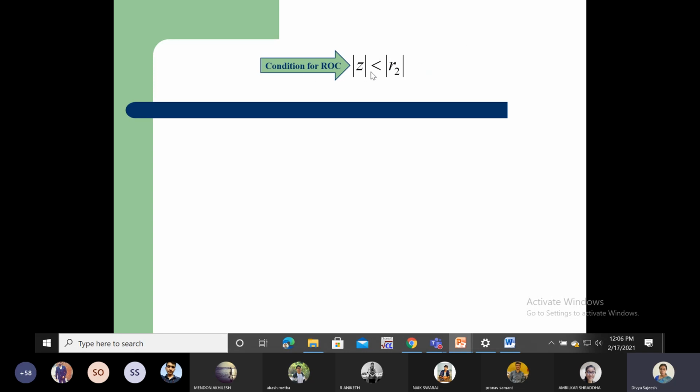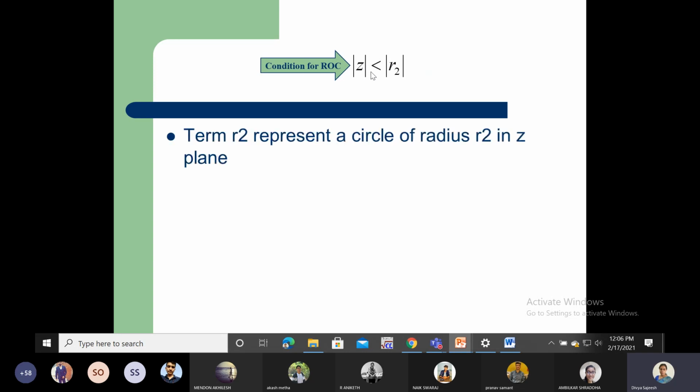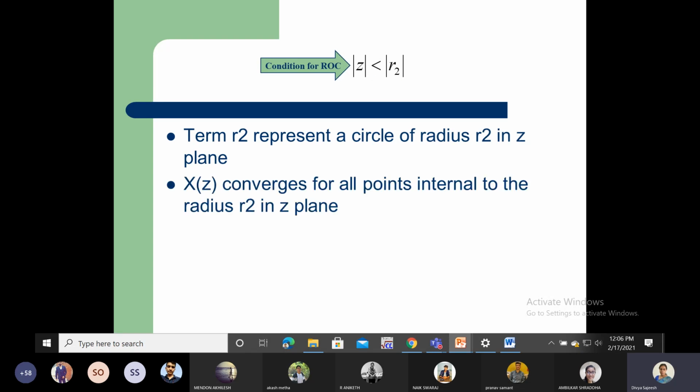So the region of convergence is z less than r2. It converges, and the meaning of converges is that the z transform x of z will exist. It exists for all points internal to the radius r2 in the z plane.